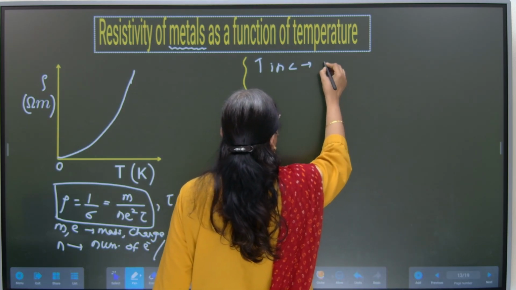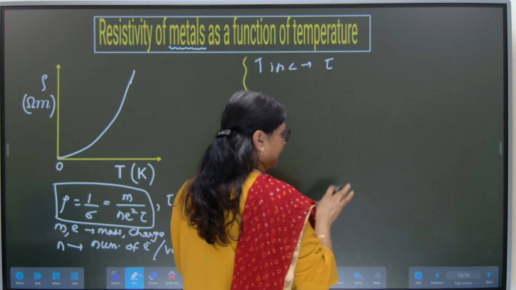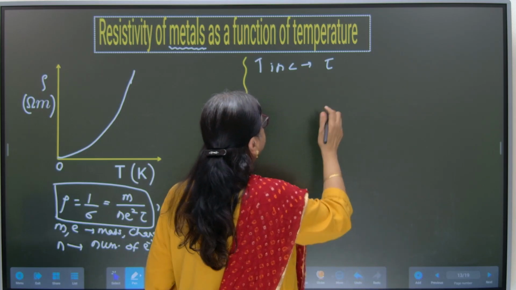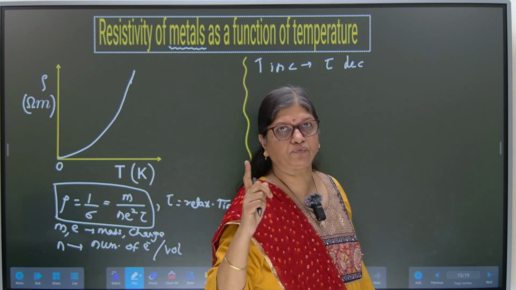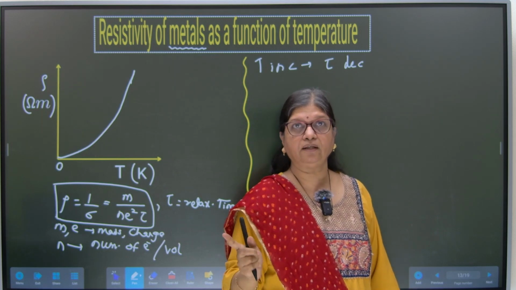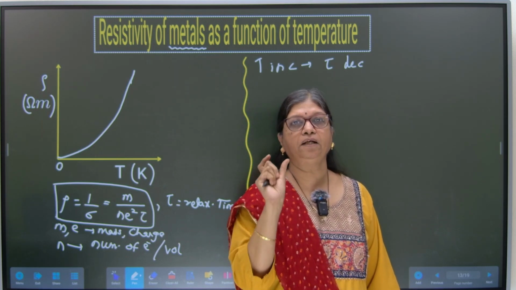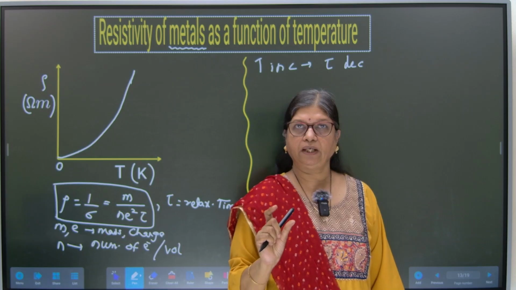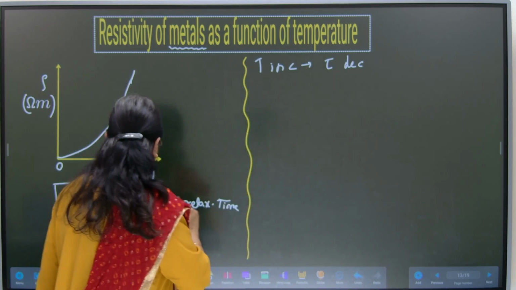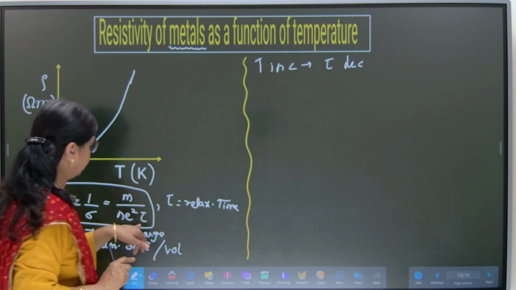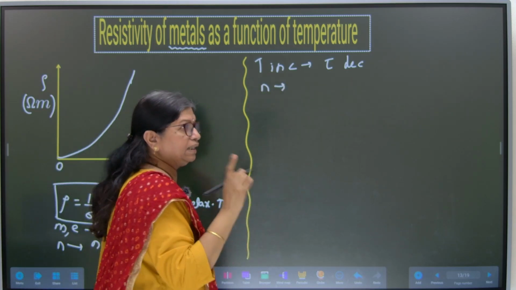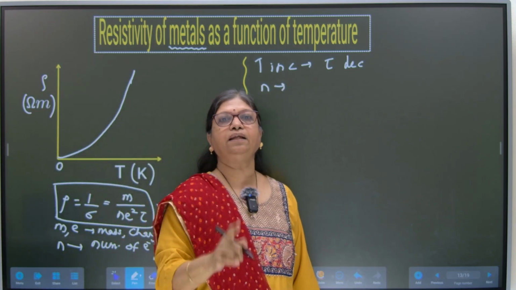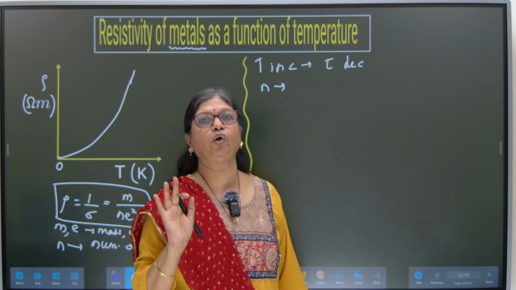So, the relaxation time, that is the time between the successive collisions, decreases. Collision becomes faster, frequent, so relaxation time decreases. Fine? Okay. Now, in the denominator, there is n also. That is the number of electrons in the metal per unit volume.